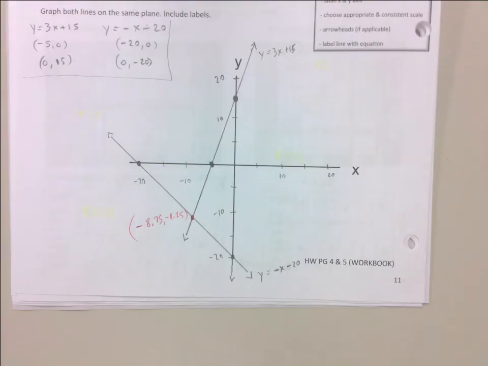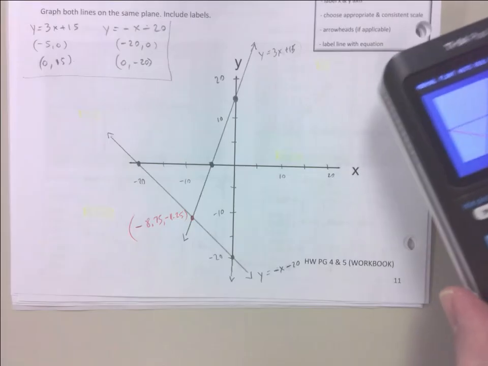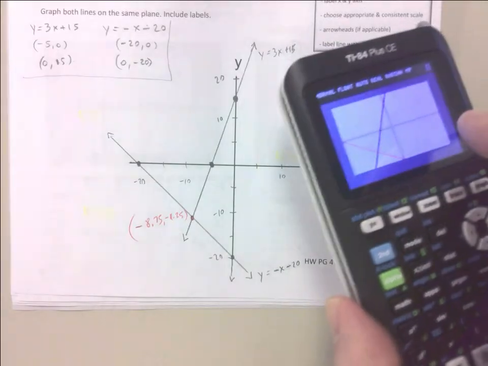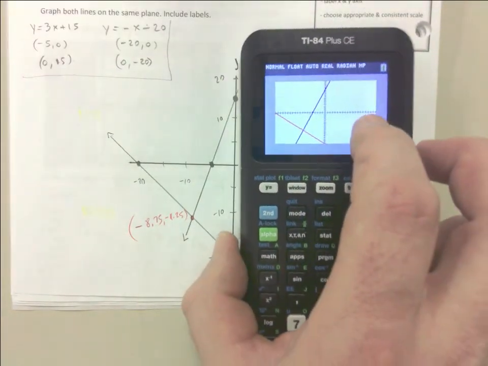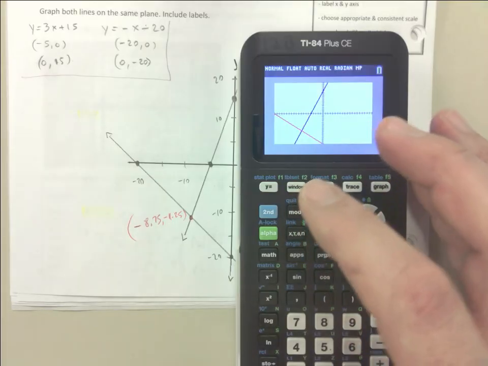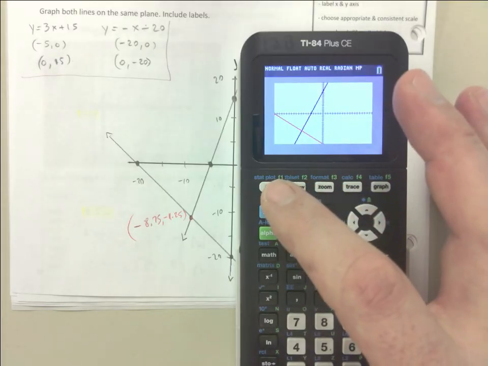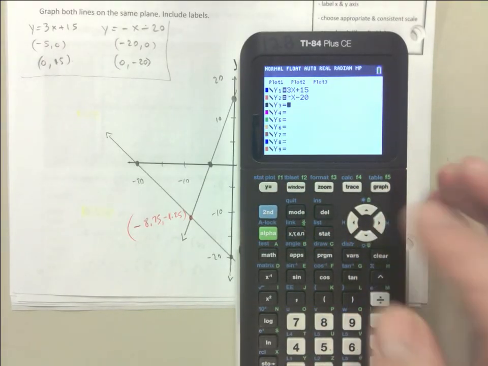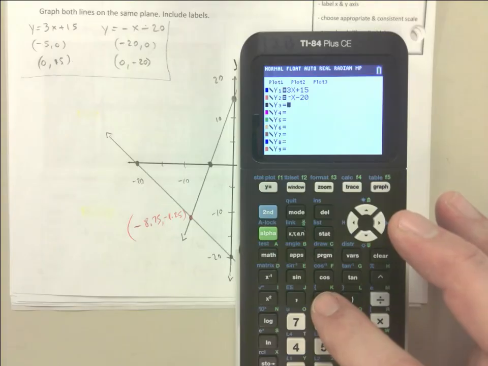I'm going to try an exercise here with you guys. We're going to imagine that we're creating another line. I'm just going to give you a line. We're going to enter it into our calculator, and we're going to see what happens with our points of intersection. Let me just try this. I'm going to make one that has a fraction as a slope.